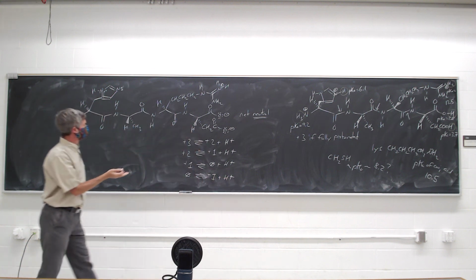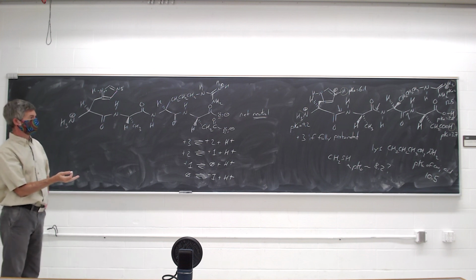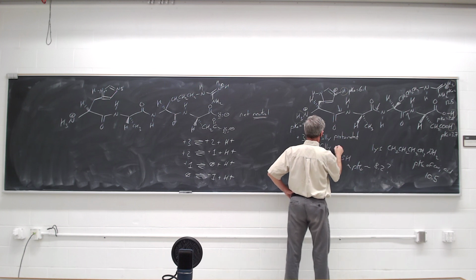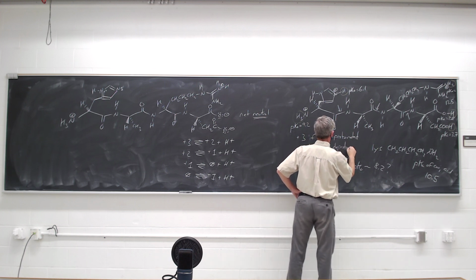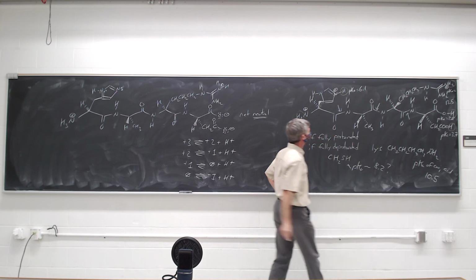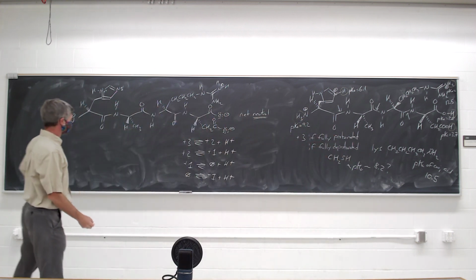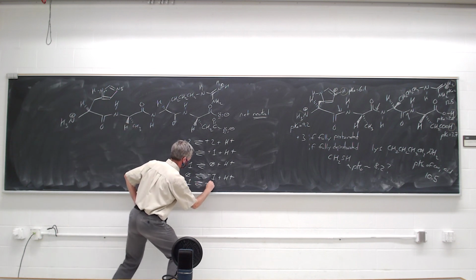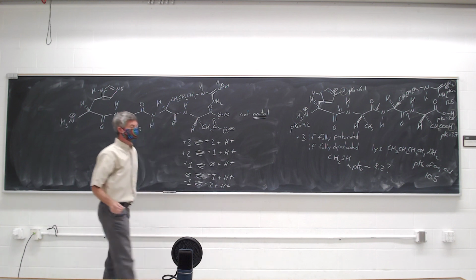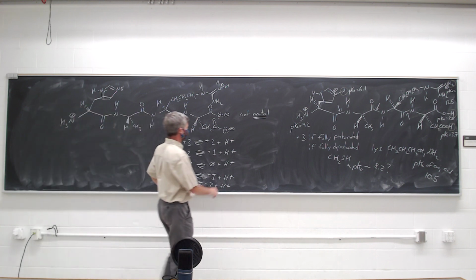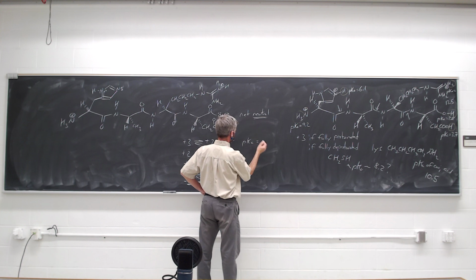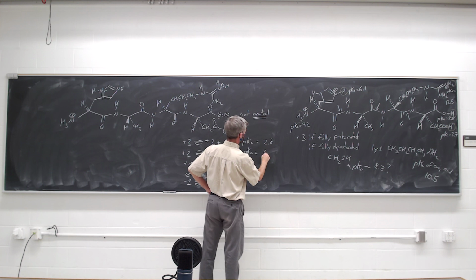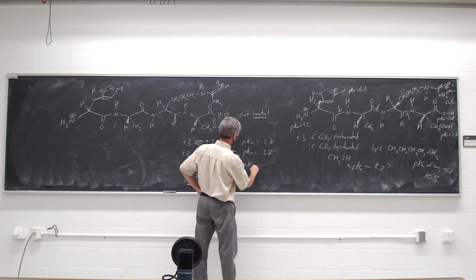If I took all of the protons that could come off, what did we decide the charge would be? -2, right? 5 pKa's to worry about. I'm going to write them out as pKa's this time instead of Ka, because we're actually going to use the pKa's to calculate the isoelectric point.